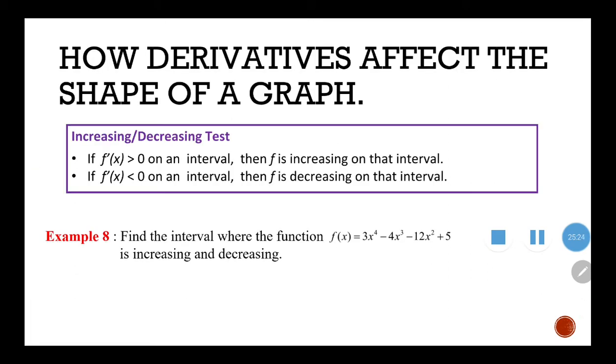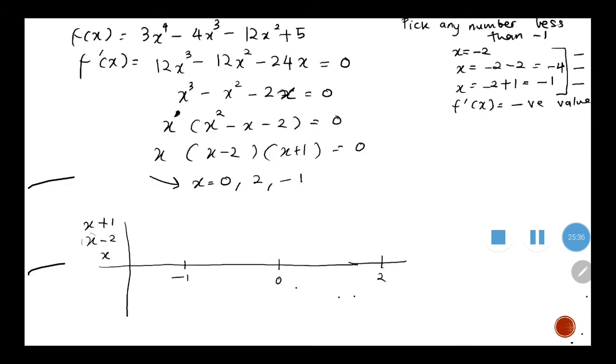Okay, so if f prime x is less than 0 on an interval, then f is decreasing on that interval. So this function is decreasing. This is what you should do.